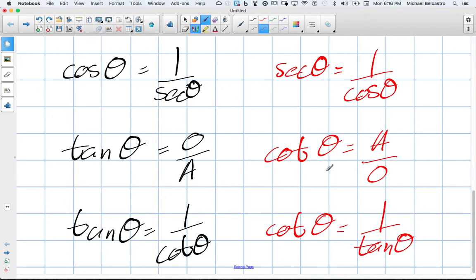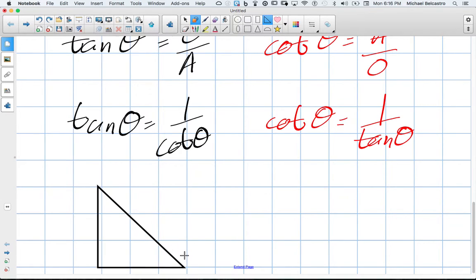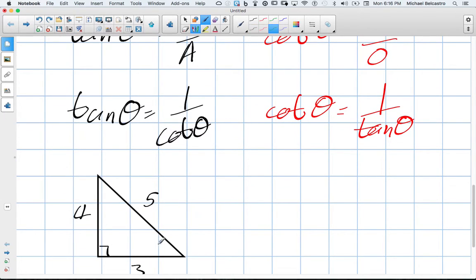So why show us these? Well, you could go through your normal trig ratios. Let's build another triangle again. Let's see if we have one like this: 5, 4, 3. It's a common right angle triangle. Let's say we wanted to find this angle here. I have all the sides, so I can set up any ratio I want.